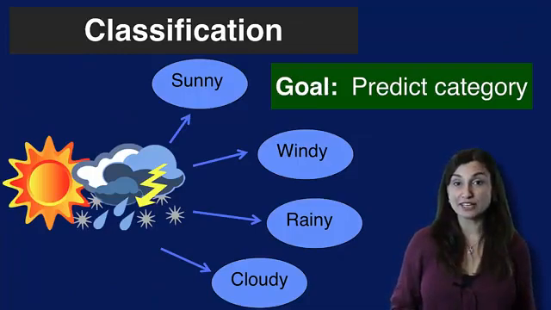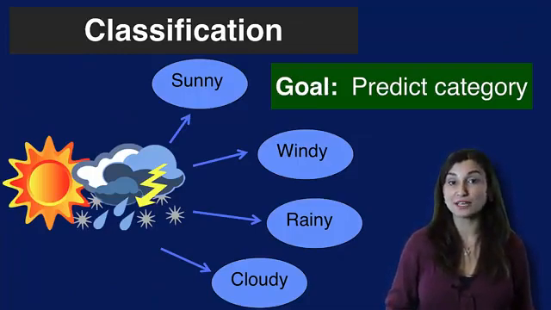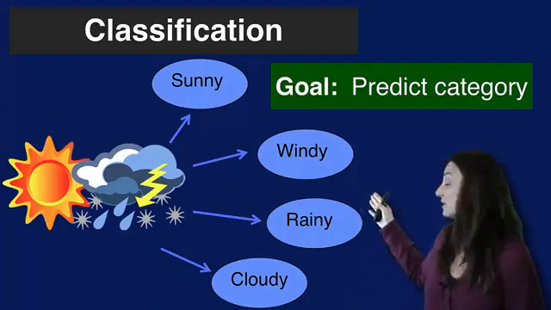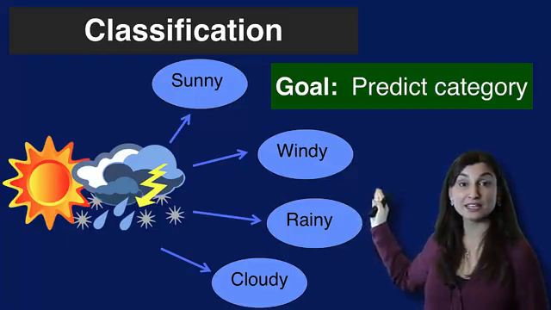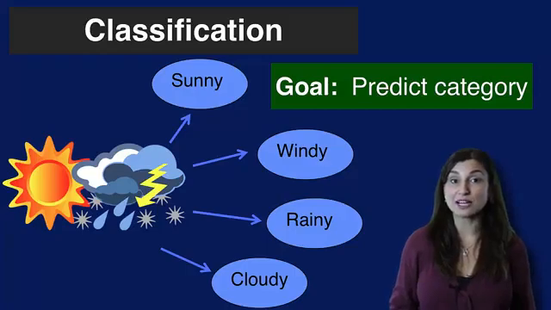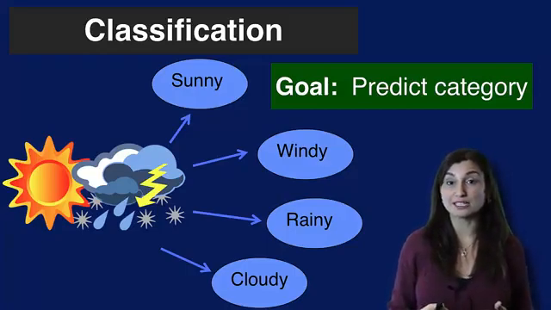In classification, the goal is to predict the category of the input data. An example of this is predicting the weather as being sunny, rainy, windy, or cloudy, in this case. Another example is to classify a tumor as either benign or malignant.